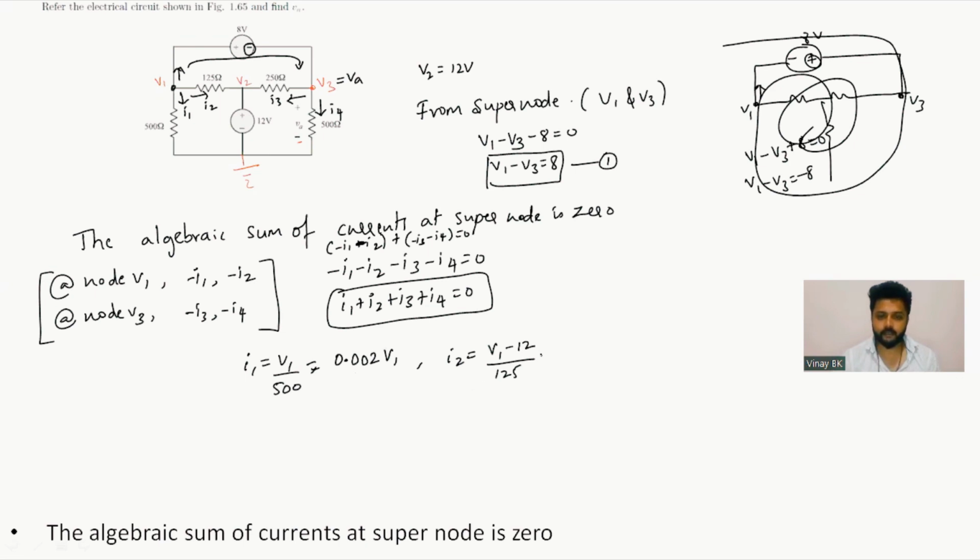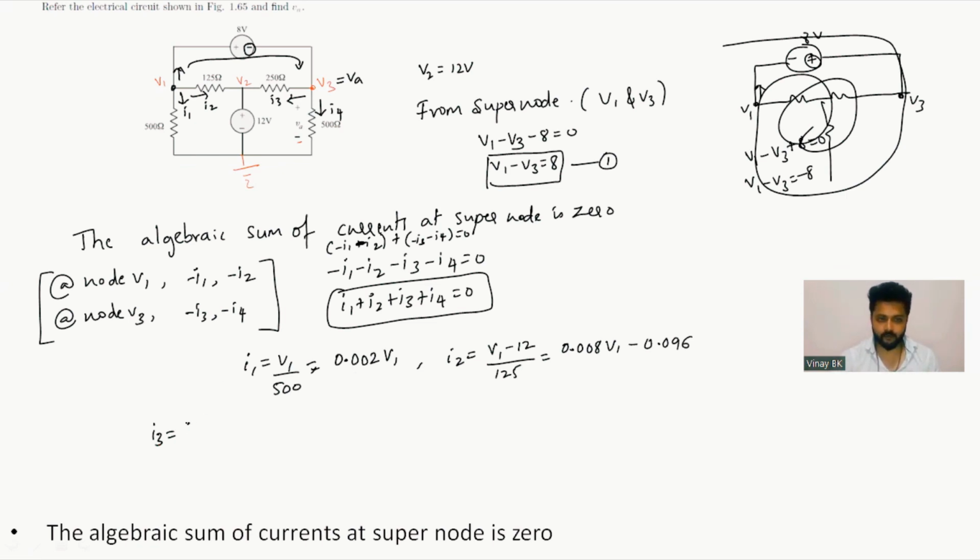You can also rewrite like this: 1 by 125 is nothing but 0.008 V1 minus 12 divided by 125, which is 0.096. This is I2.